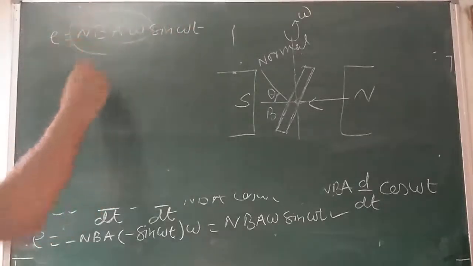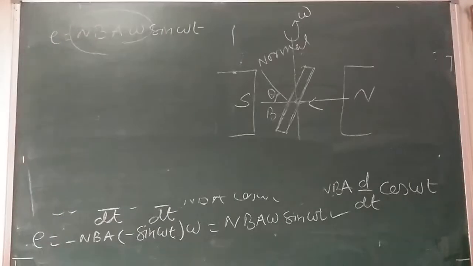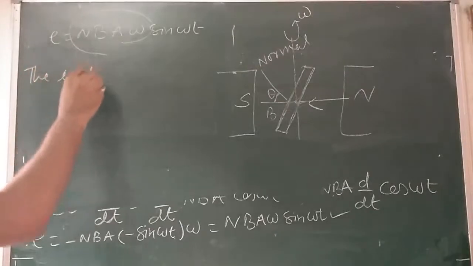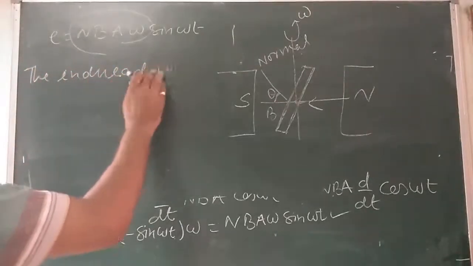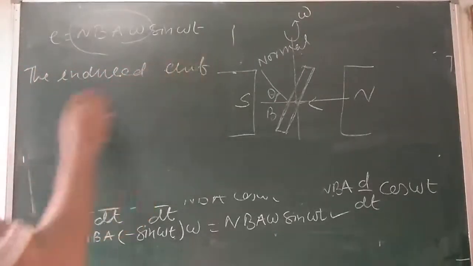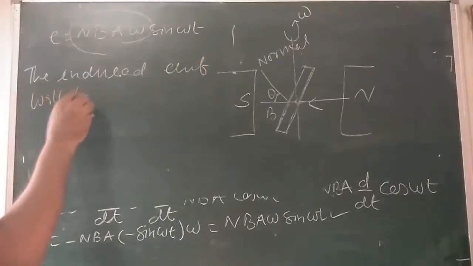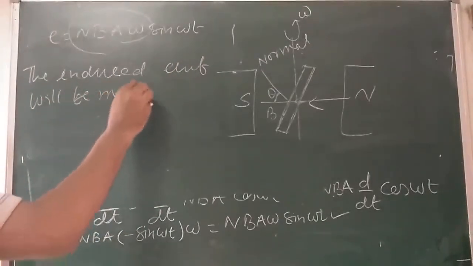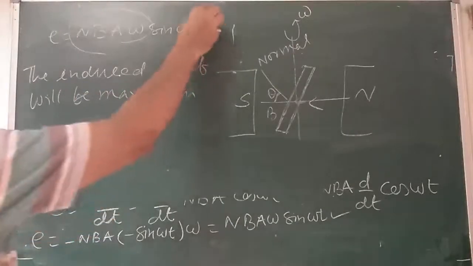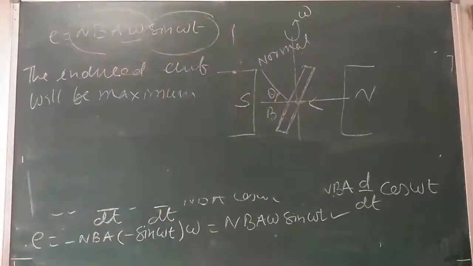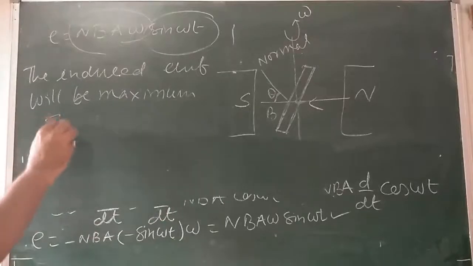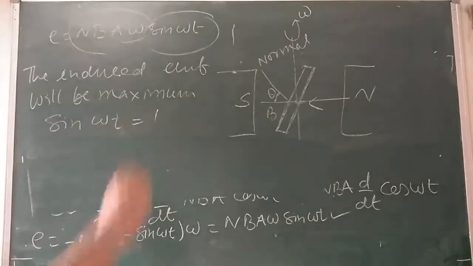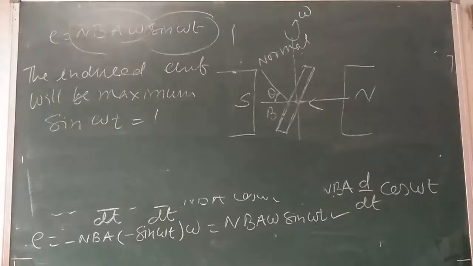What is this? The induced EMF will be maximum when this sin omega t becomes 1, that is when the angle in between the plane of the coil and magnetic field is 90 degrees.